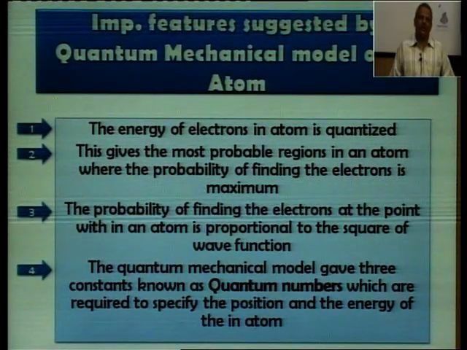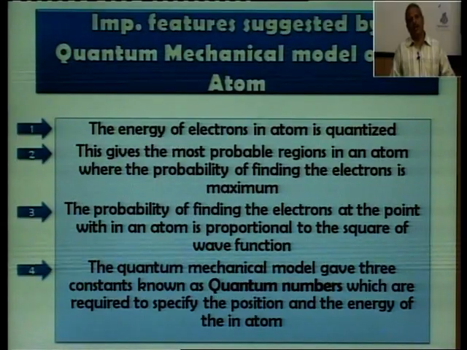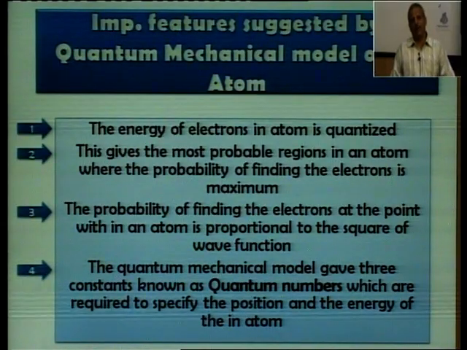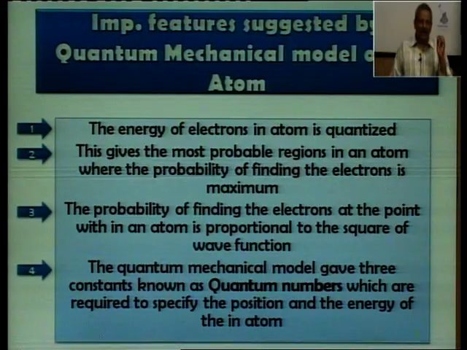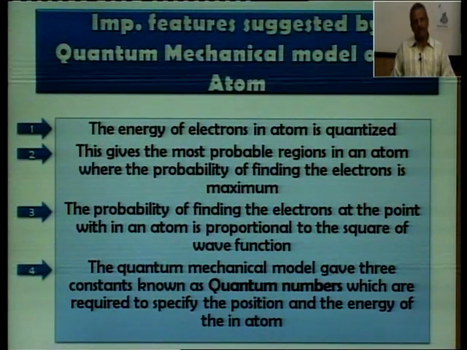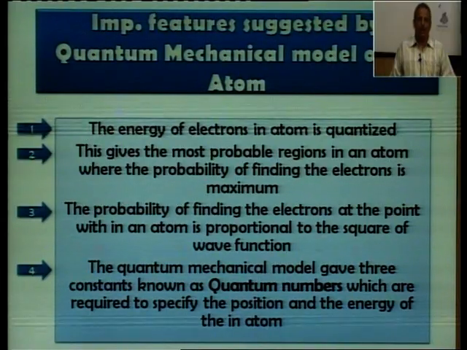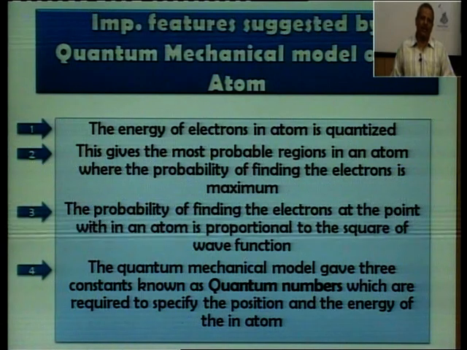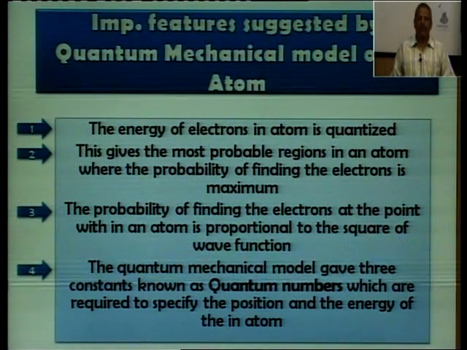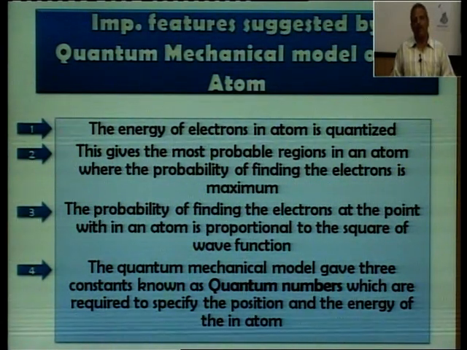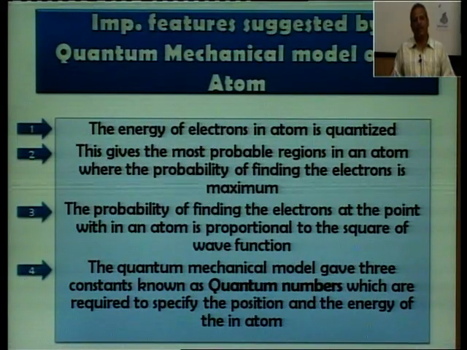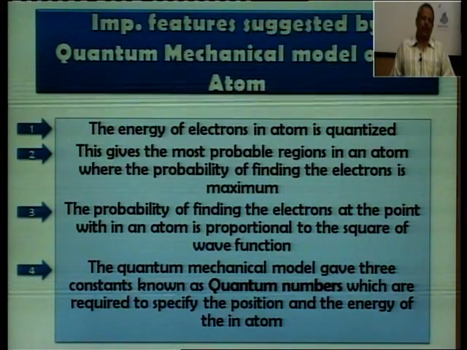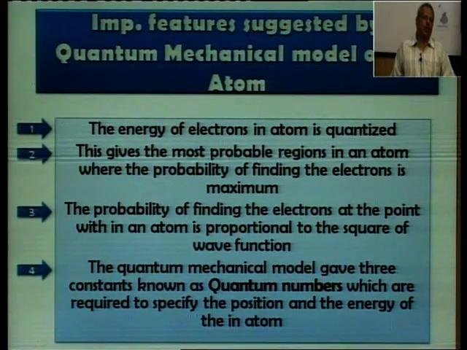So, there are some important features suggested by the quantum mechanical model of an atom. The energy of an electron in an atom is quantized. So, the electrons have a quanta of energy. This gives the most probable regions in an atom where the probability of finding the electron is maximum. So, what did Rutherford and Bohr explain?